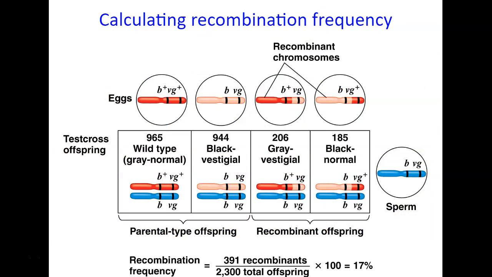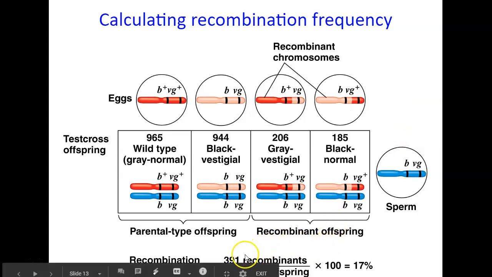So these are pulling from the same numbers a couple of slides ago. We have the normal versions, or the parental types, and then we have the few that must have occurred, I guess, via crossing over. To calculate the recombination frequency, you look at how many recombinants occurred out of the total number of offspring.